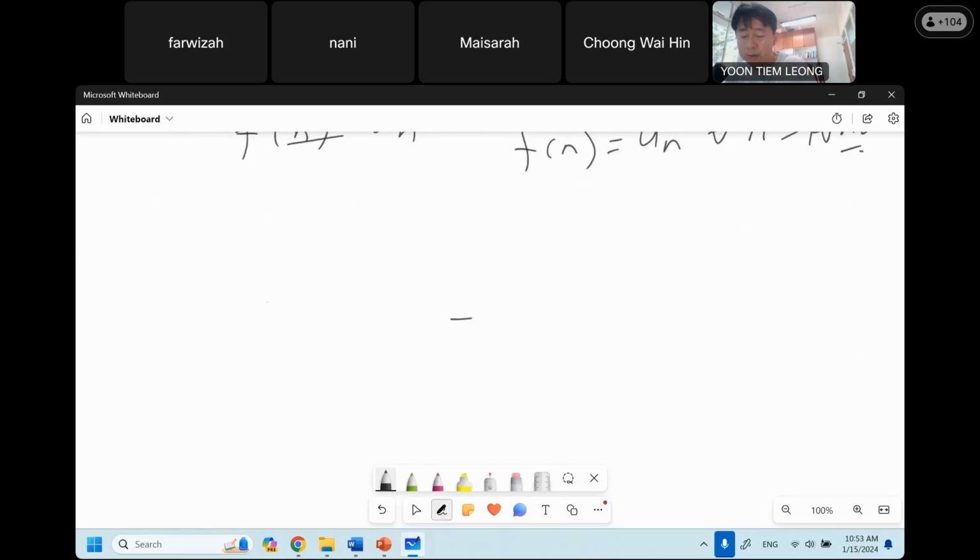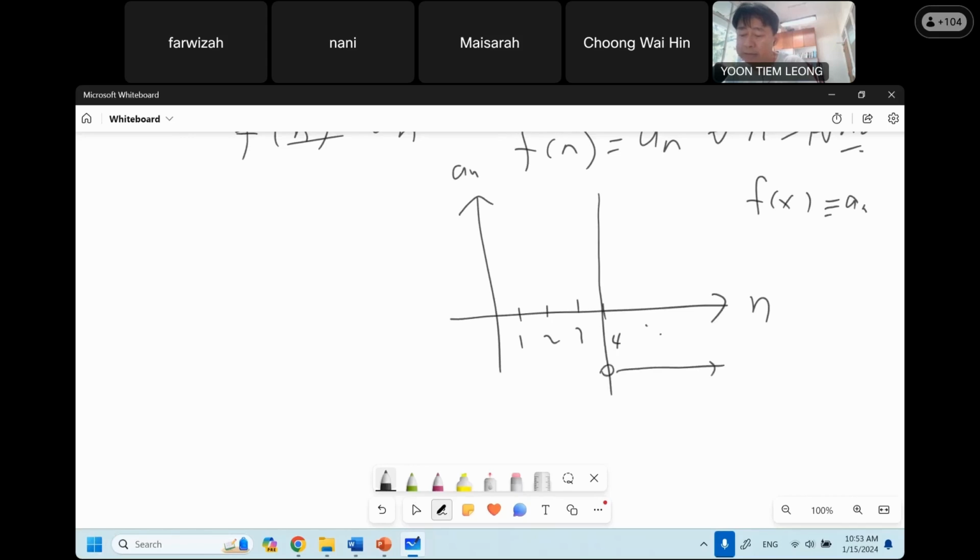So if you imagine you plot a_n versus n, starting with 1, 2, 3, 4, and so on, you only need to define a function f(x) that maps to a_n for any n larger than a certain number.